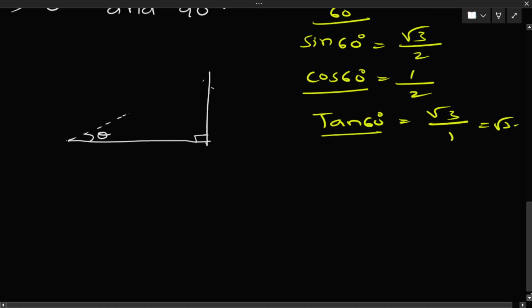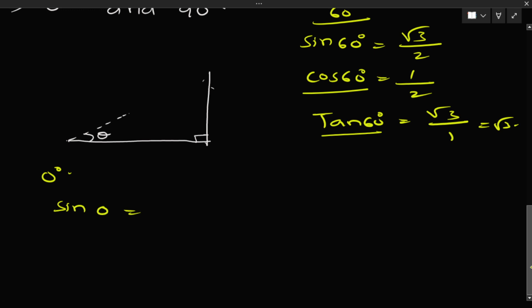Now we will discuss 0 degrees here. Firstly, sin 0. What is the value of sin 0? Here I am considering a triangle ABC. Sin 0 means here theta must be 0, so this line falls on the base itself. Sin theta is the opposite side by hypotenuse.